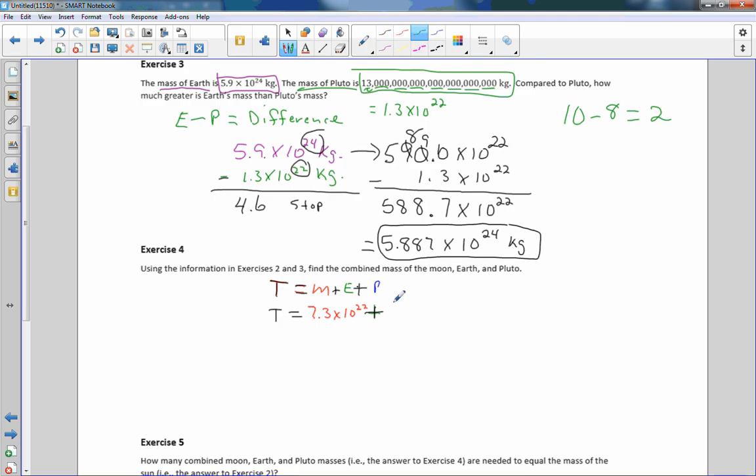And Earth is 5.9 times 10 to the 24. And then we're going to add Pluto's mass, which is right here in scientific notation. So Pluto's mass is 1.3 times 10 to the 22. Okay? All right, so that's what we're trying to do.